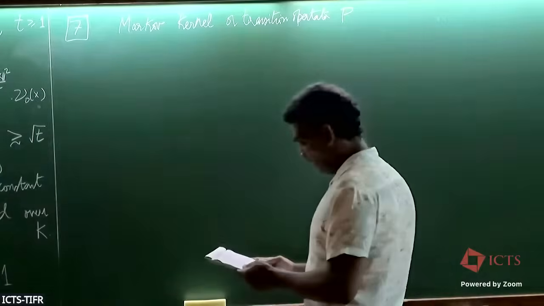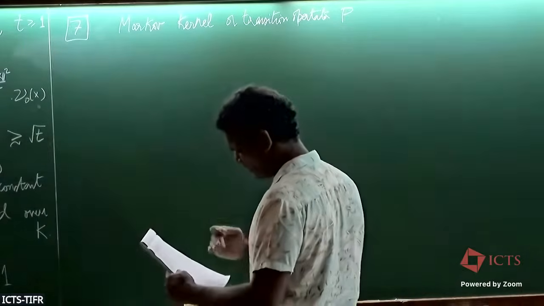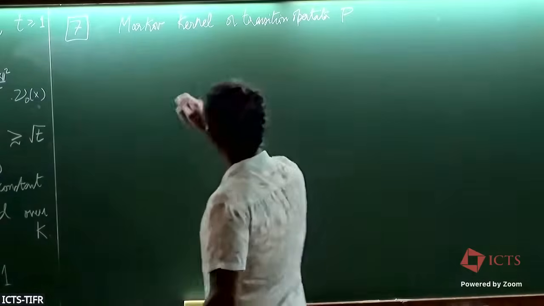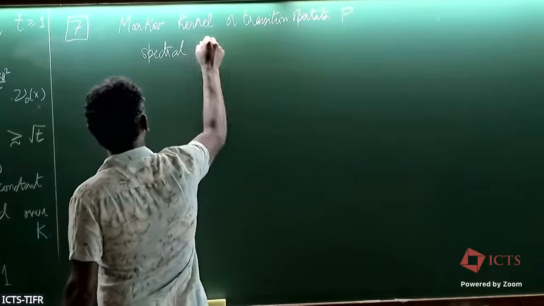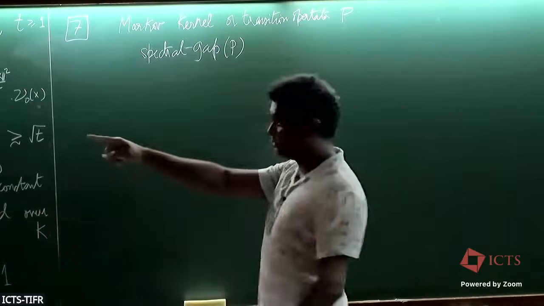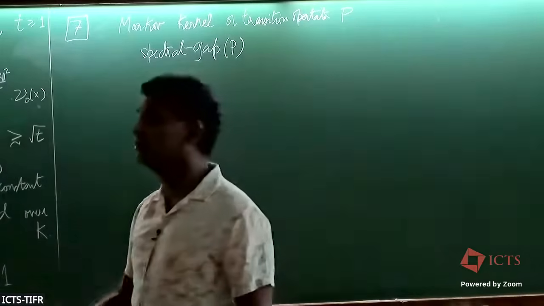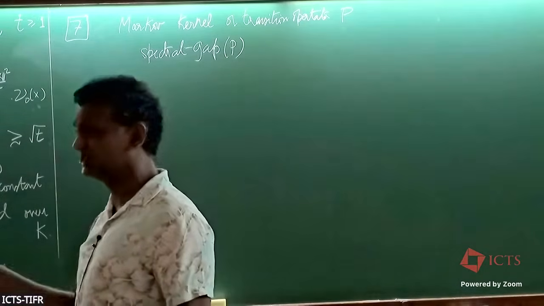Okay, and important quantities here. Maybe I won't even define both. But basically, for a Markov kernel, you can define the notion of a spectral gap, which, like Poincare and log Sobolev, is an extremum over smooth functions.